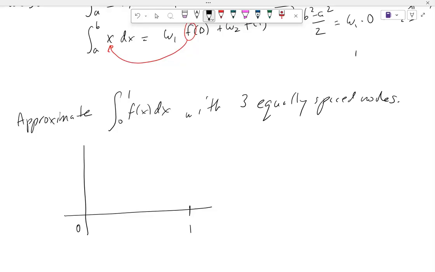Now, not all quadrature rules have to use equally spaced nodes. Not all quadrature rules need to include the endpoints. We're doing that now.